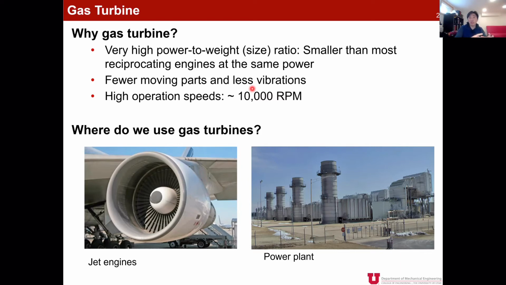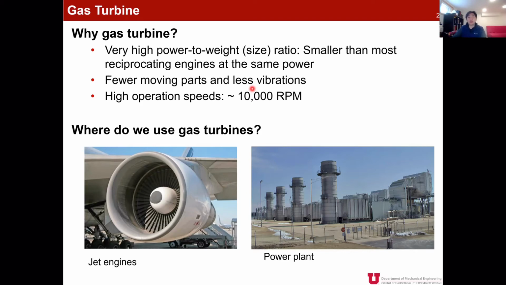If we move to a very high RPM, it causes a lot of vibrations, and you can hear a lot of noise from this operation. So we are talking about totally different rotating speed regimes between the reciprocating engine and the gas turbine.